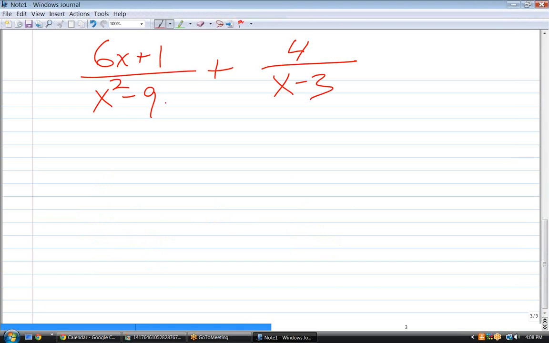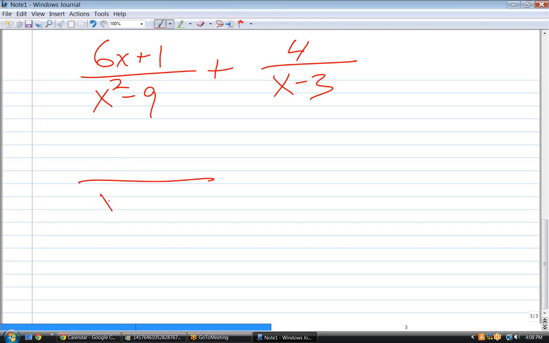Because whatever I come up with for my common denominator, this has to divide into it evenly. So does this. So it has to be at least x squared minus 9. Now, I could multiply this times that and be assured of having a common denominator. But do I need to do that? That might make it too big.